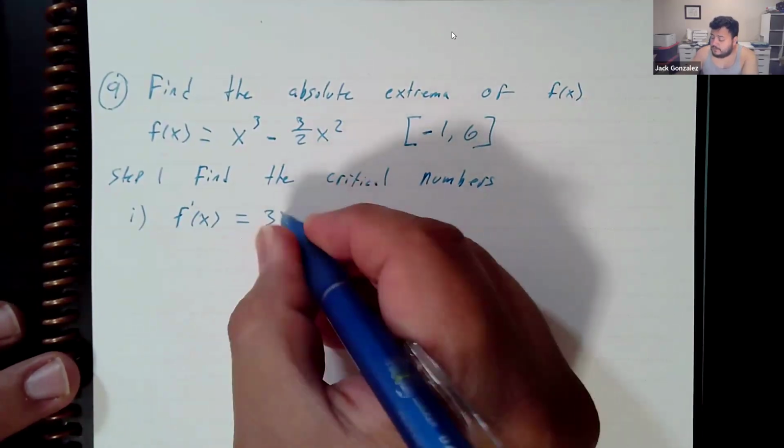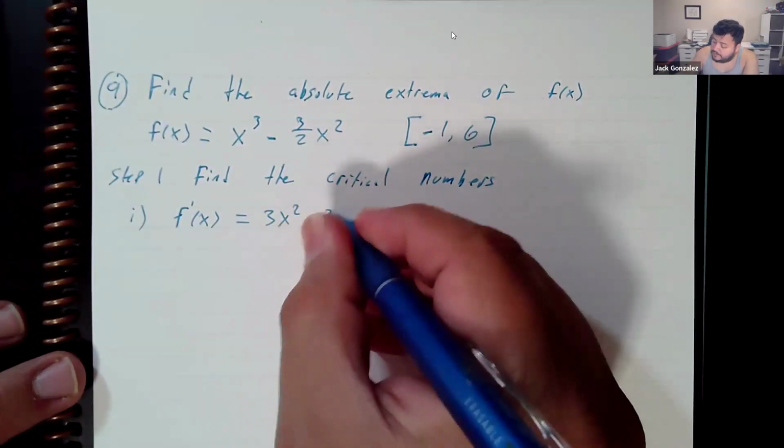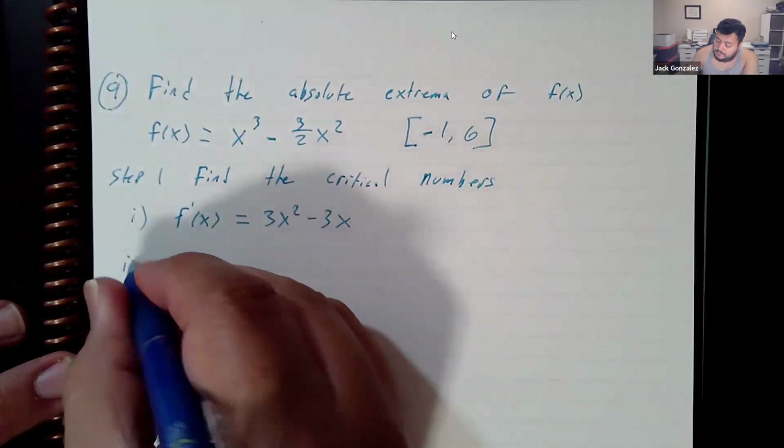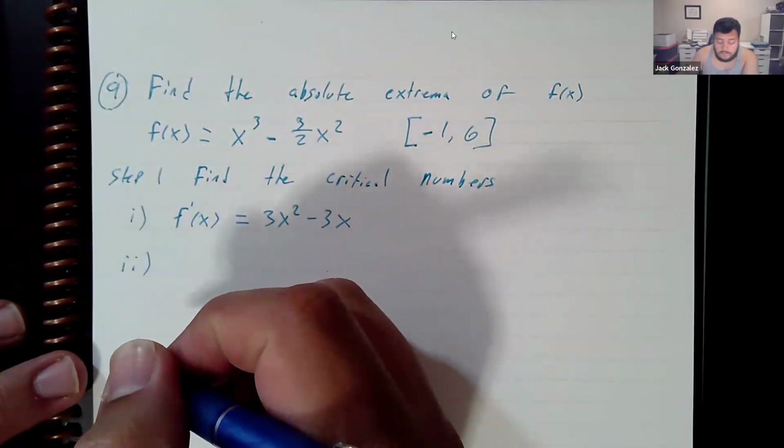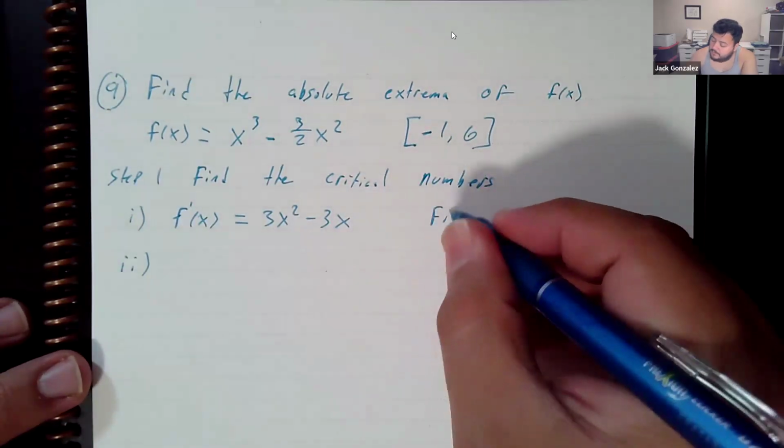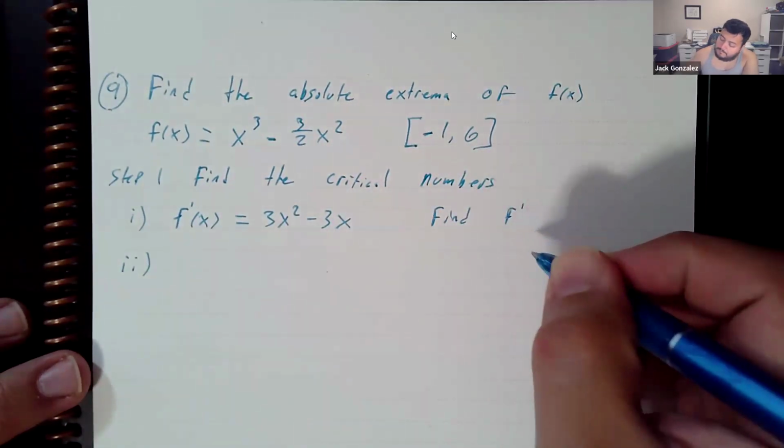Derivative will be 3x squared minus 3x. Step 2 will be find, make a little note here, find f prime.